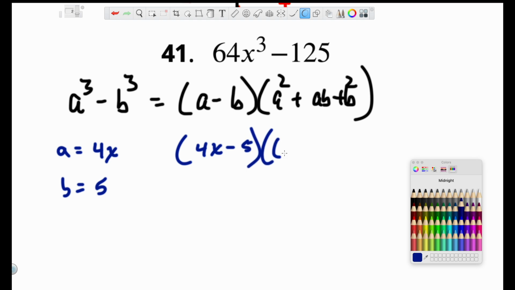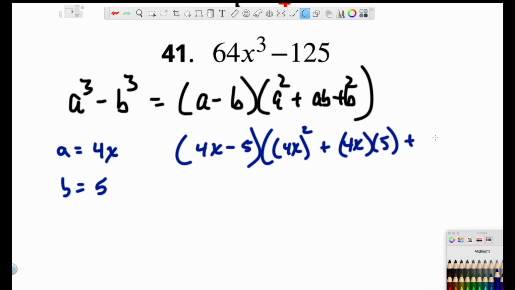So this is going to be 4x minus 5 times, so I'll just write this out, 4x squared like this, plus 4x times 5, plus 5 squared.